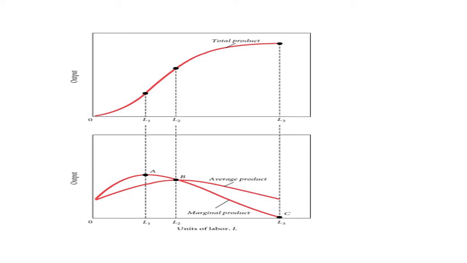Now let's explain this. Normally in production we've got three zones of production. As you can see from our graph, the first region starts from where we have 0 up to the first dotted line.